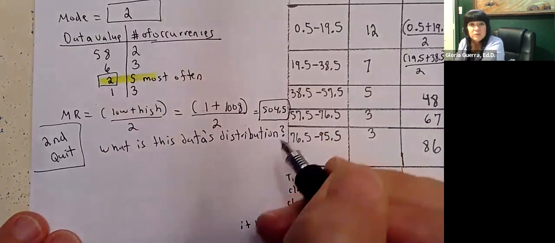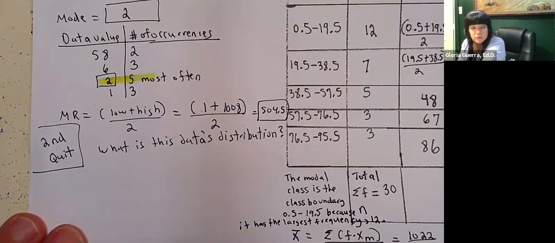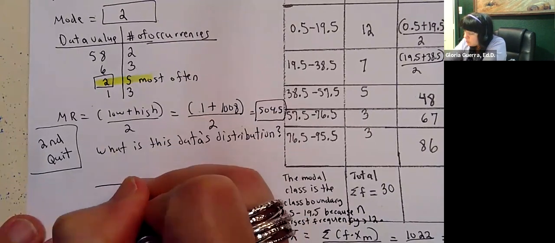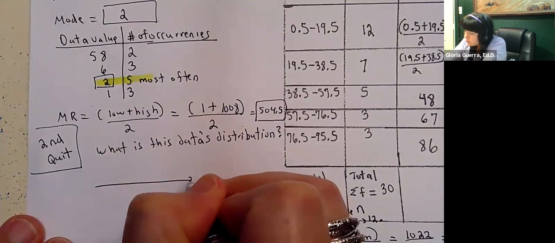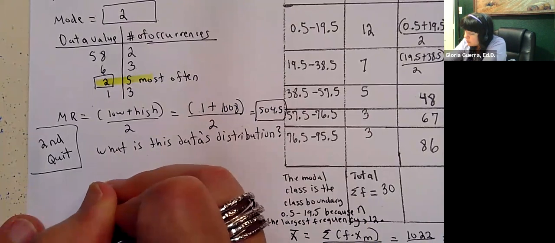So it means like, is it right tailed? Is it left tailed? Is it symmetric? So you kind of think of your x-axis, and we have the 3 M's.